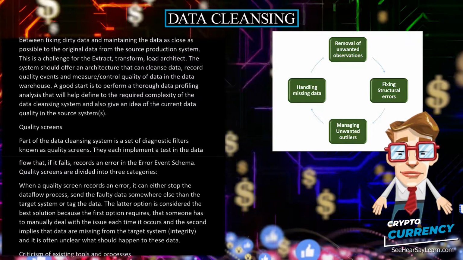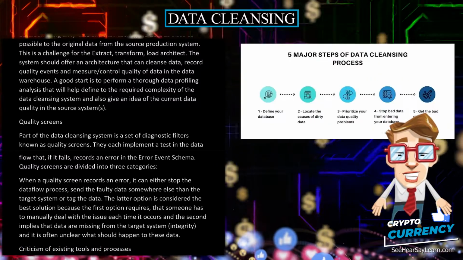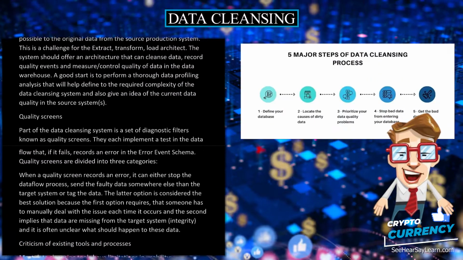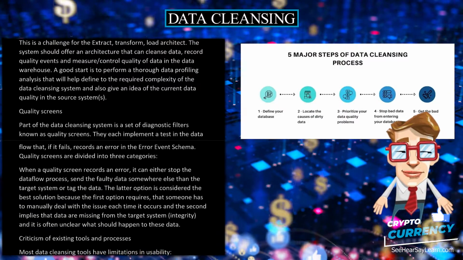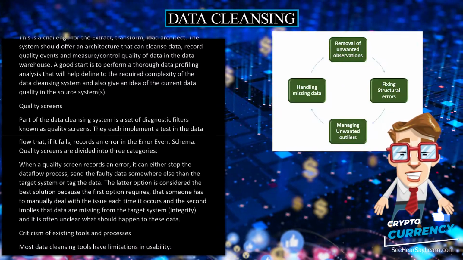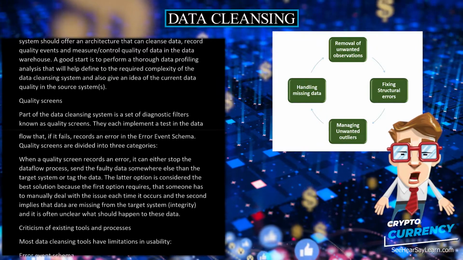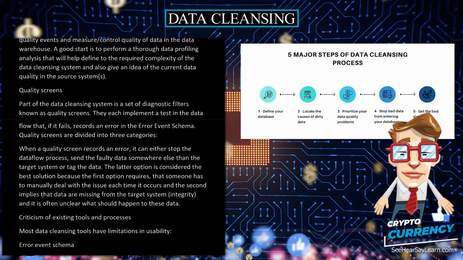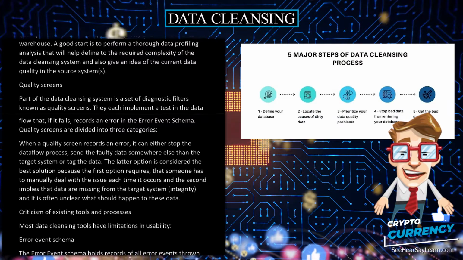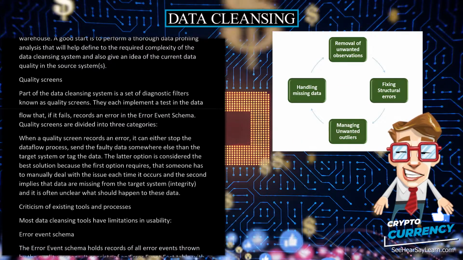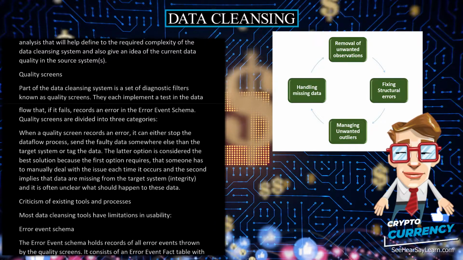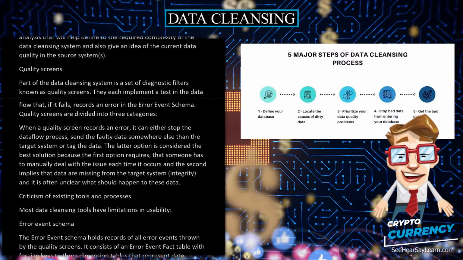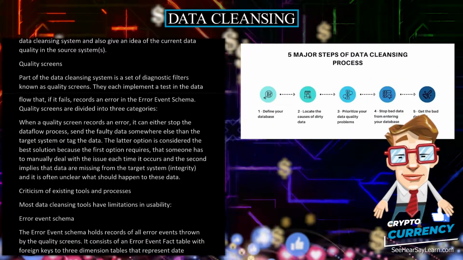When a quality screen records an error, it can either stop the data flow process, send the faulty data somewhere else than the target system, or tag the data. The latter option is considered the best solution because the first option requires that someone has to manually deal with the issue each time it occurs, and the second implies that data are missing from the target system, integrity, and it is often unclear what should happen to these data.